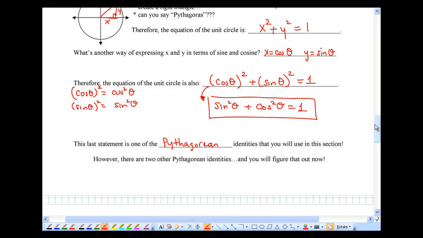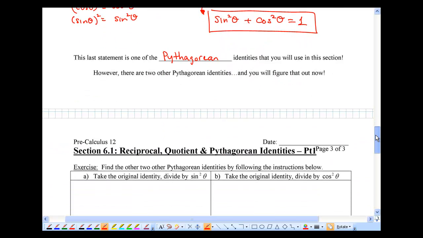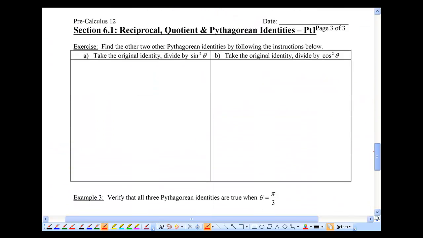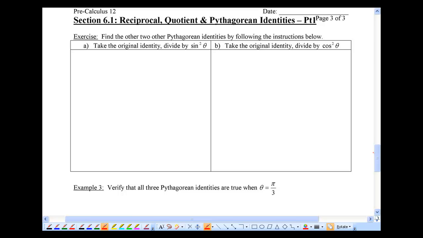And I'm going to ask you to figure that out now on page 3. Alright, so here's your exercise. I'd like you to use what we just did there, sine squared theta plus cosine squared theta equals 1, and I'd like you to actually find the other 2 Pythagorean identities yourself. It's not that hard, because I actually gave you a hint.